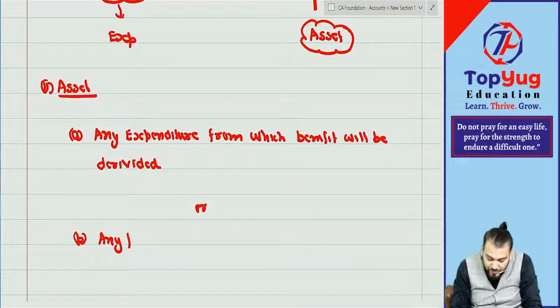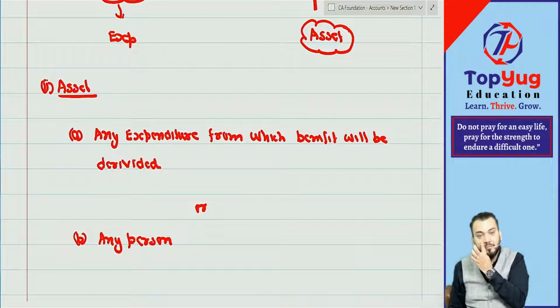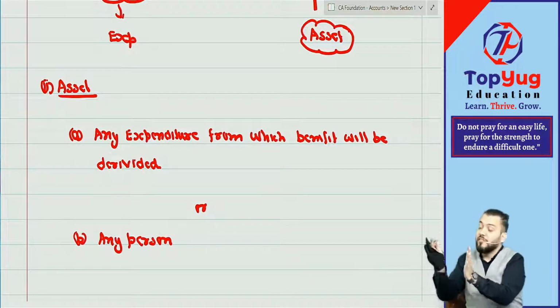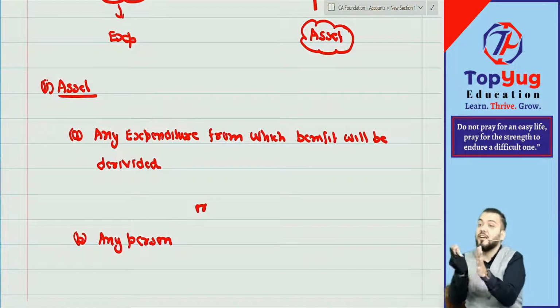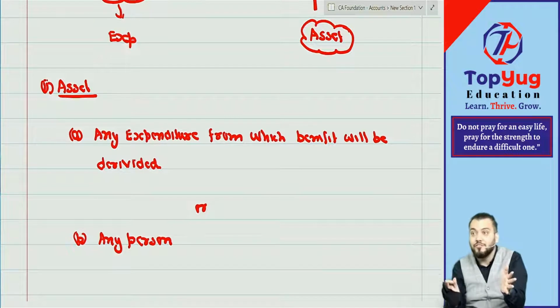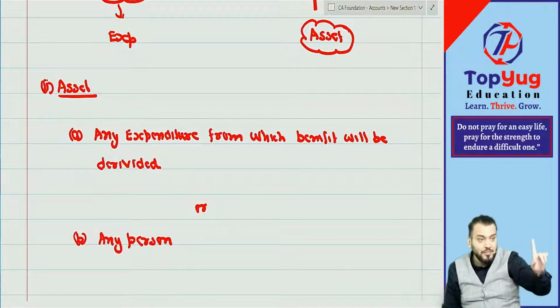Any person. This person can be an artificial person, natural person, or representative person. So when I am saying person, in accounting a person can be Ram, Ram and company, or it can be a capital account also. Understood?